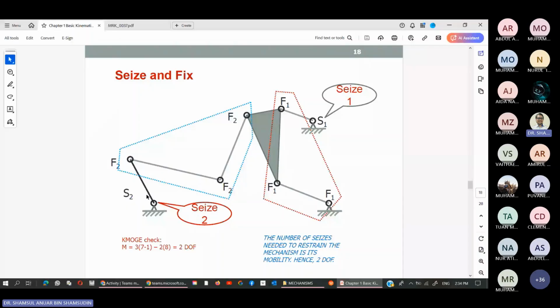So we want to see how many ways we can hold the system to get it static. If we can hold two links and the whole thing becomes static, meaning it is a 2 degree of freedom system.